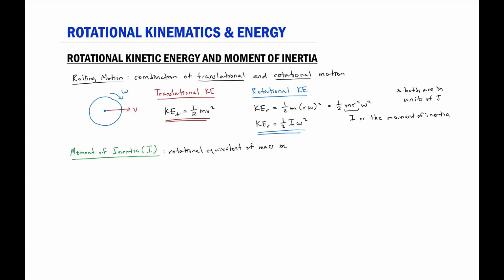The moment of inertia expresses an object's tendency to resist angular acceleration. Just like in the linear world a larger mass resists linear acceleration, a larger moment of inertia makes the object resist angular acceleration. So we're going to define the moment of inertia as I equals mr squared.